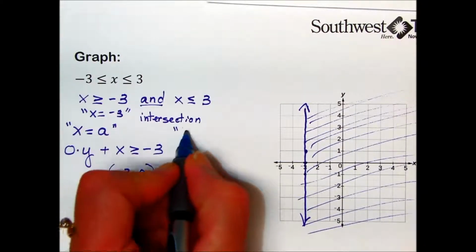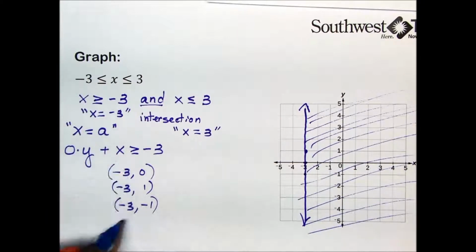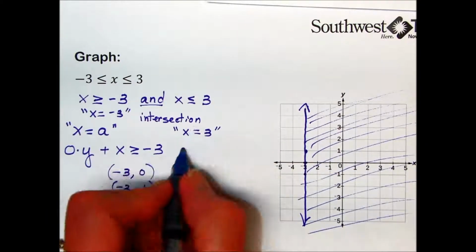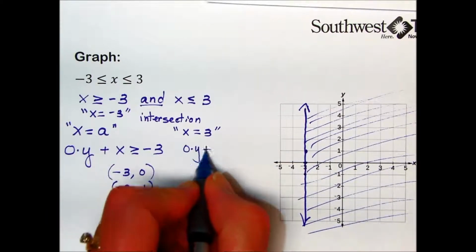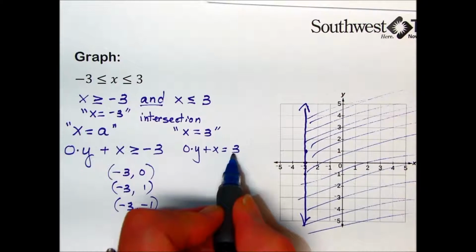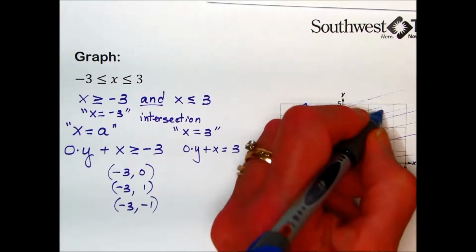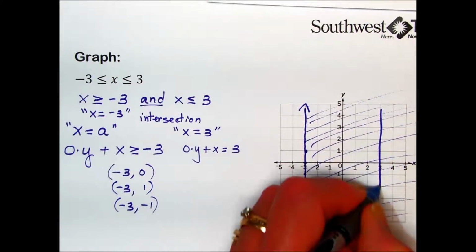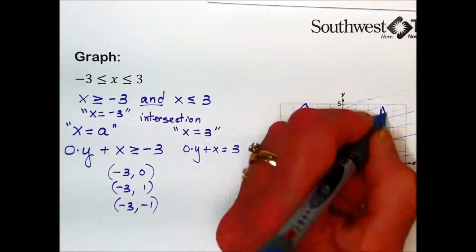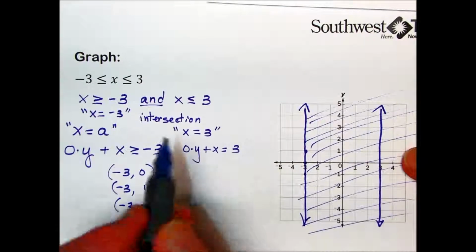with this set of points, or this linear inequality. The associated equation is x equals 3, and the same analysis that I just went through here, y is in this equation. 0 times y plus x is equal to 3. Regardless of the y value ever changing, x stays steady at 3, and when you plot that, you will end up with a vertical line, x equal to 3, represented here.